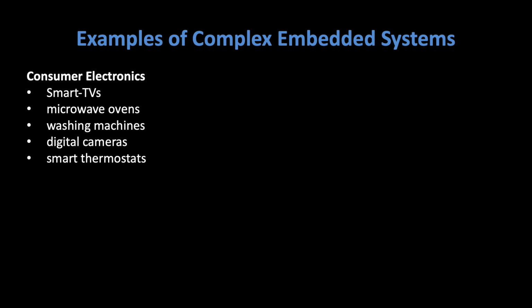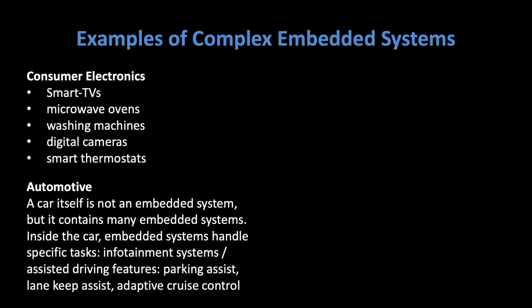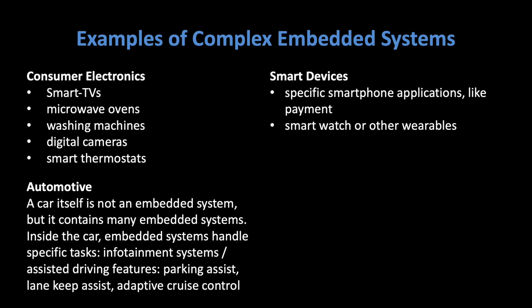So we have consumer electronics that people use on a daily basis, like smart TVs or household appliances, also the area of smart homes. Then you have the automotive industry, where the car itself is not an embedded system, but it contains many of them inside the car, like infotainment or assistant driving features. Then, as everyone has a smartphone, which contains a lot of embedded systems like payment or wearables like smartwatches.